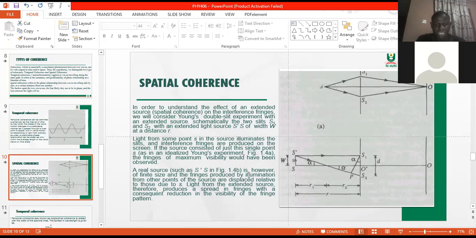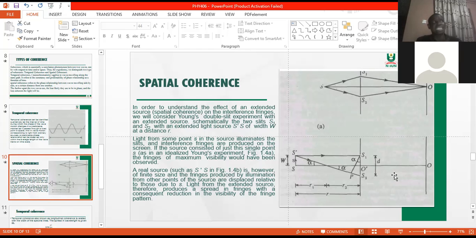A real source S and S prime is however of finite size, and the fringes produced by illumination from other points of the source are displaced relative to those due to S. So light from the extended source produces a spread in the fringes with a consequent reduction in the visibility of the fringe pattern.